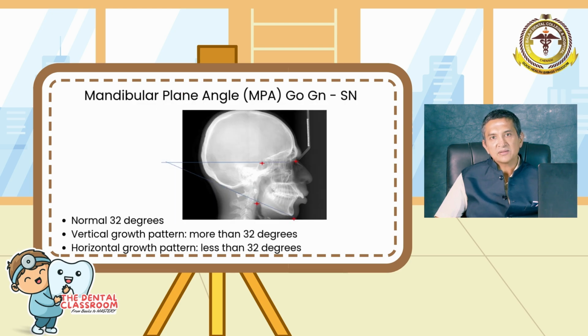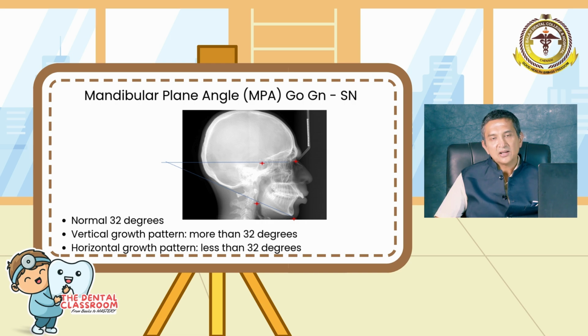The fourth parameter in Steiner's cephalometric analysis is the mandibular plane angle. For this, we use the SN plane as the reference plane, and we use the gonion to gnathion line as representative of the mandibular plane. Gonion is a posterior point and gnathion is an anterior point, and when we connect these two lines, they meet at a certain point, and this angle is called the mandibular plane angle.